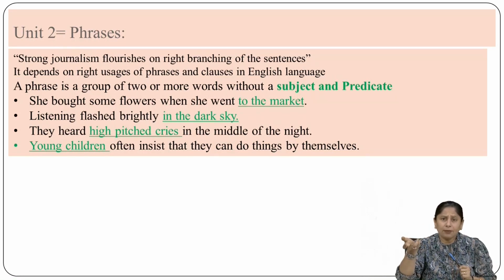In journalism, you influence the people who are reading your data very well when you are branching the sentences well. How to branch it? With particular terms and conditions. Let's go for understanding of the topic of phrases.